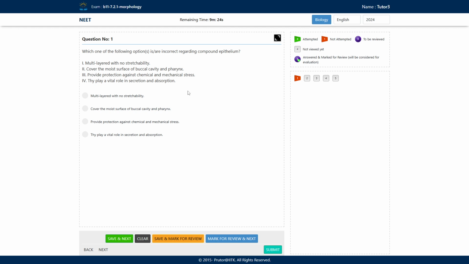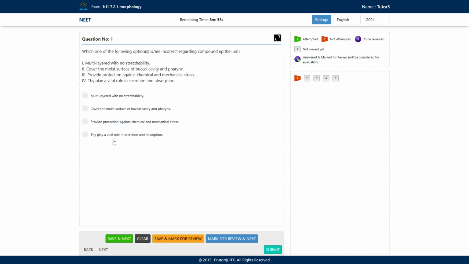Second, covers the moist surface of the buccal cavity and the pharynx. Third, provides protection against chemical and mechanical stress. And fourth, they play a vital role in secretion and absorption. Very important, they are talking about the compound epithelium.